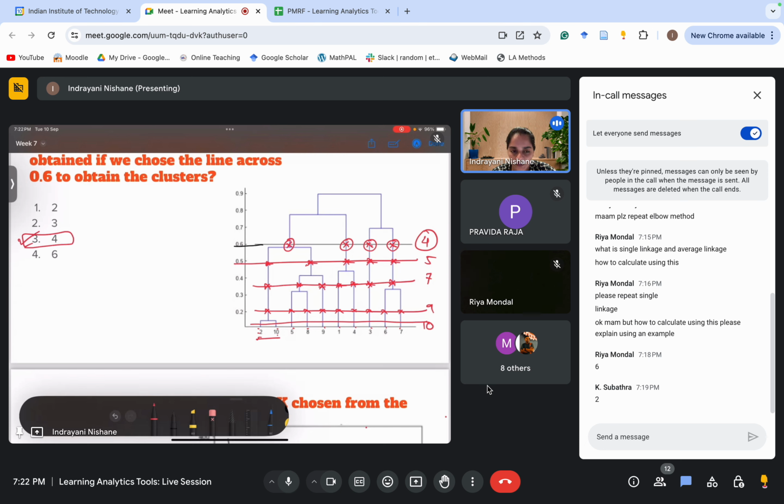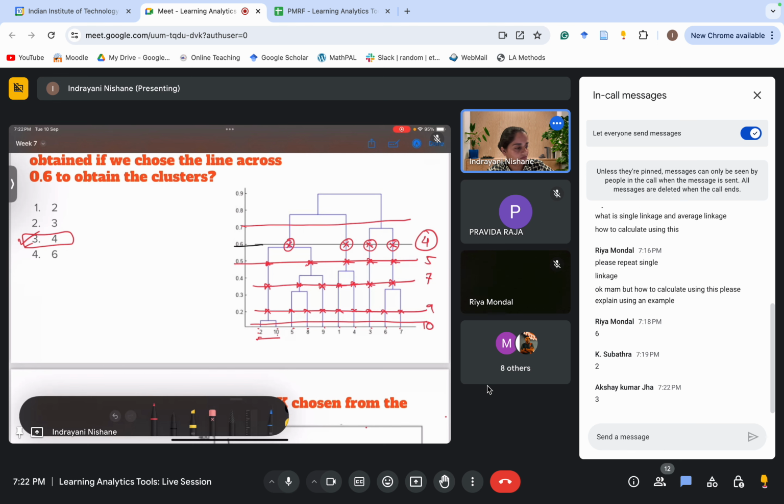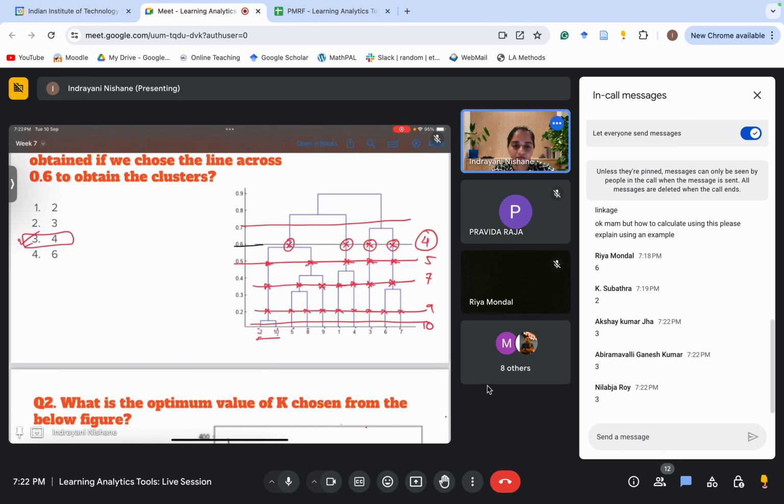So it is very easy. We just have to understand where the intersection is happening. That point will be the cluster. So how many clusters are here? There are 4 clusters. Now can you tell me at this point 7, how many clusters are there? Yeah, very nice.